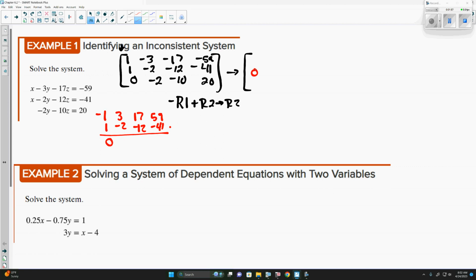3 plus -2 is 1. 17 plus -12 is 5. 59 minus 41 is 18. Now we didn't change anything in the first row or the third row.